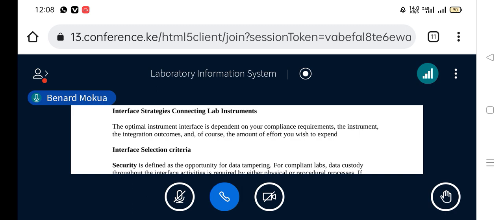We have to make a connection from the equipment to the LIS. And we have honed down and specifically discussed middleware as one of its softwares.